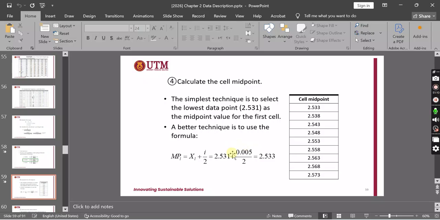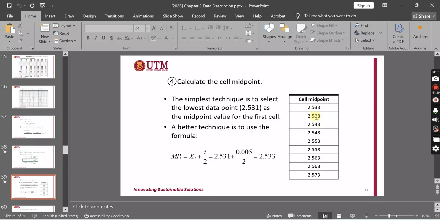So this is I divided by 2. It's equal to 2.533. So this is the first midpoint, and we put the first midpoint here.